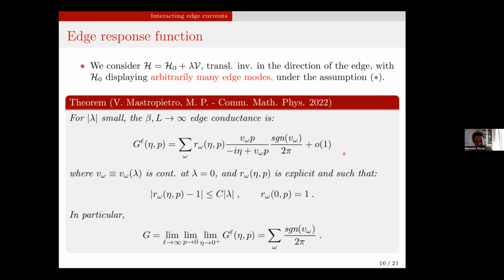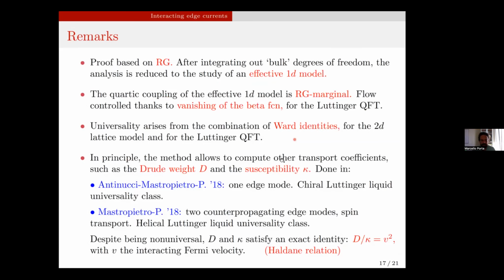So that's a very good question. I could ask if there is a problem that can be attacked by this method, but not by topology, or vice versa. The method, as I said before, gives you access a priori not just to this transport coefficient, but also to other ones that are not topologically protected. An example I was giving before is the Drude weight and the susceptibility.